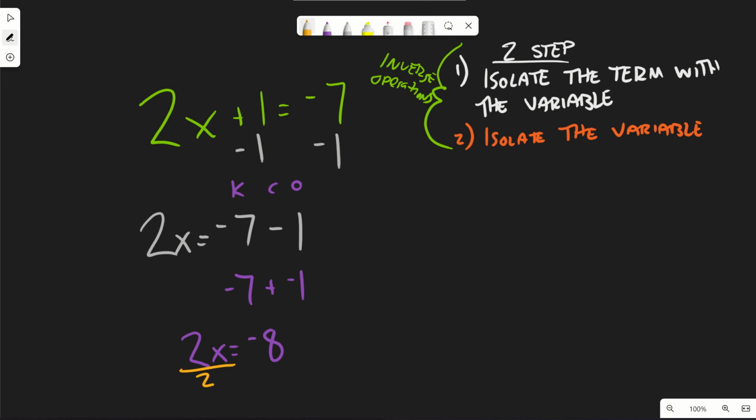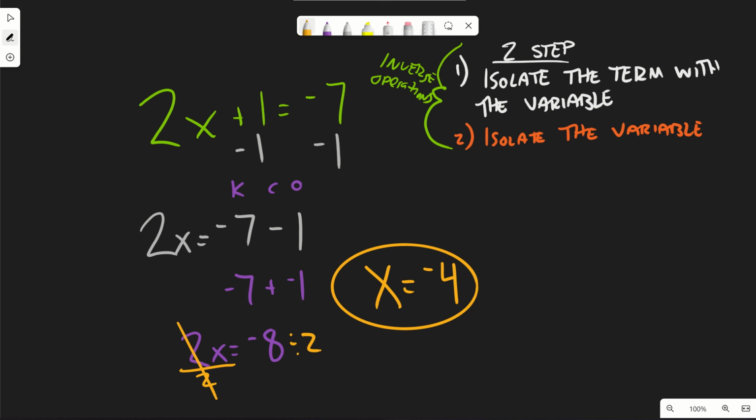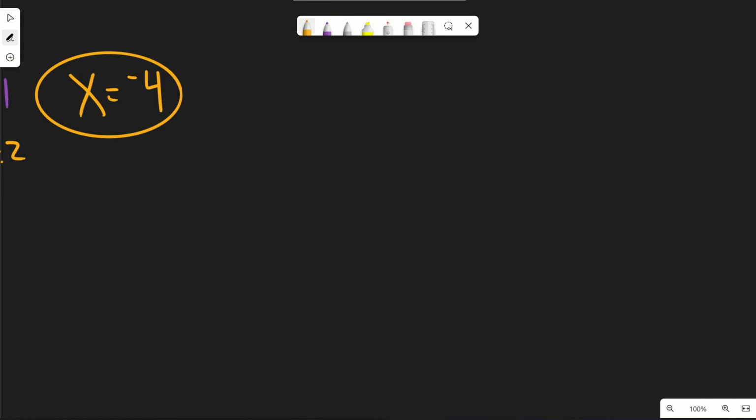I'm going to come down here, divide by 2, divide by 2. This is going to give me x equals negative 4. So those are my two steps. First, get rid of all the numbers I don't care about that don't attach to my variable. Then I'm going to get rid of the number that's attached to my variable.